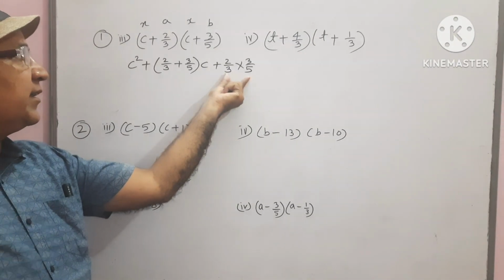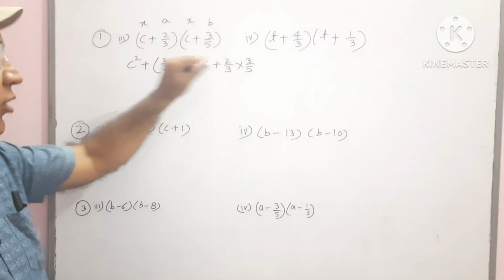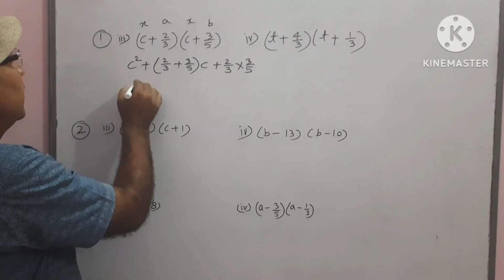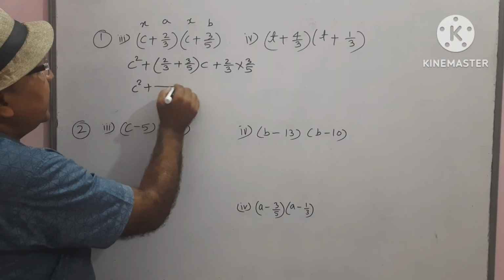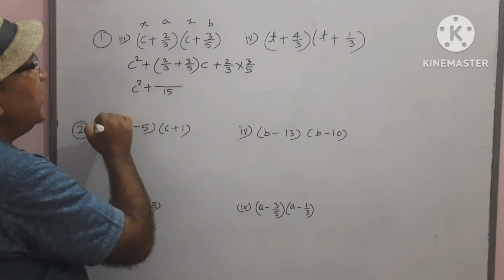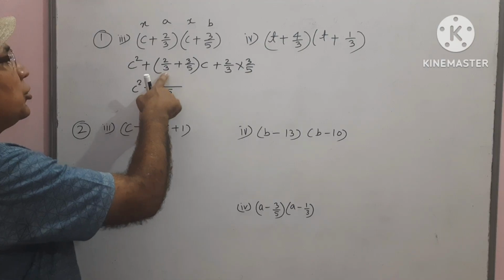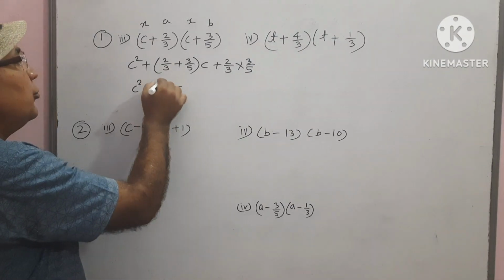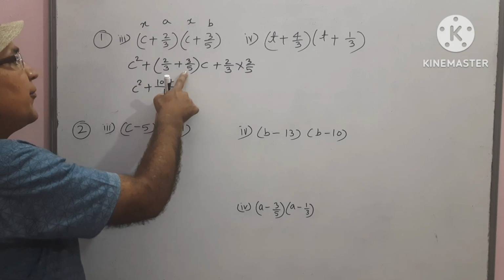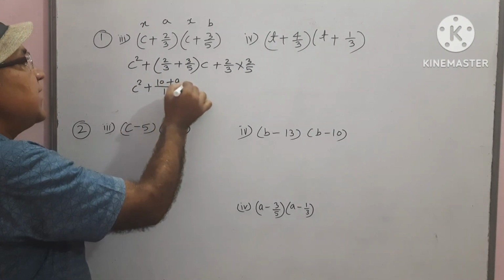At the place of A there is 2 by 3, at the place of B there is 3 by 5. Now simplify it. C square plus, if you simplify it you have to take the LCM here. 3 and 5 LCM is 15. Now 3 dividing 15 coming 5, 5 into 2 is 10, plus 5 dividing 15 coming 3, 3 into 3 is 9.